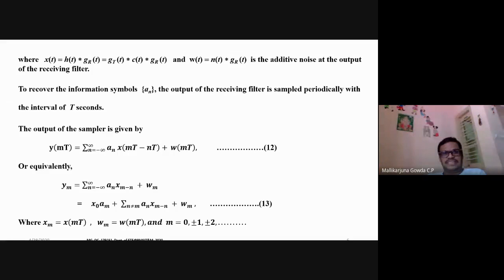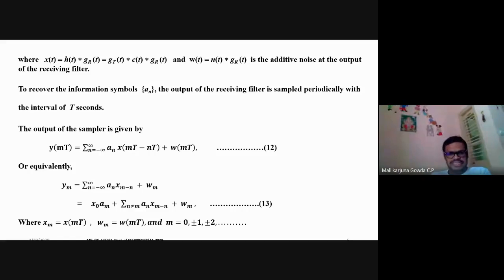Like on the transmitter side, I denoted the information symbol as a_n, on the receiver side I am denoting that as a_m. That is multiplied with some gain, that is x_0. And the second term is due to intersymbol interference, meaning addition of the present and previous symbols, the successive symbols addition. And this is the additive white Gaussian noise.